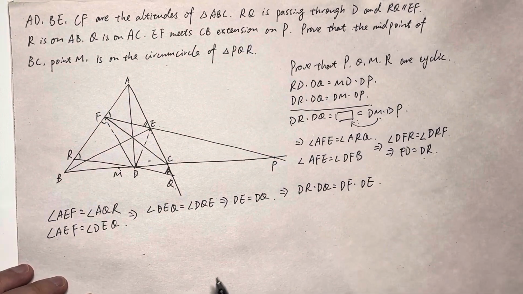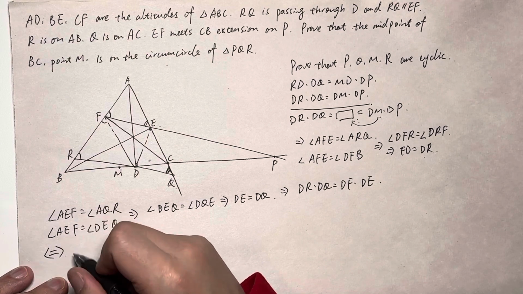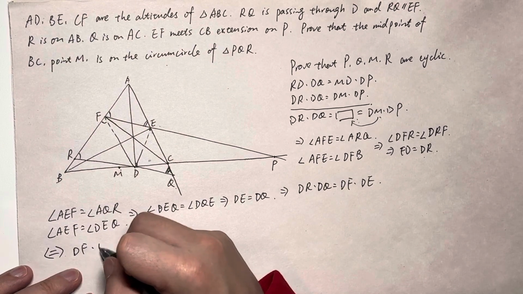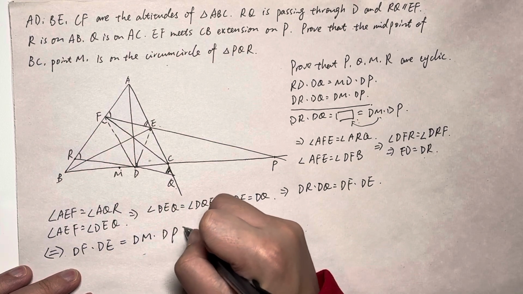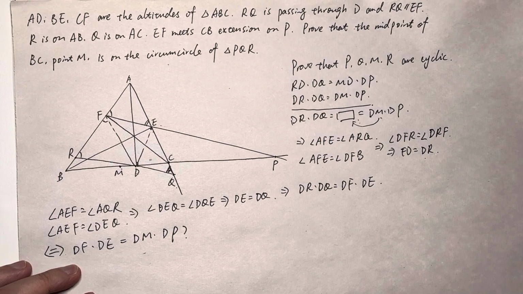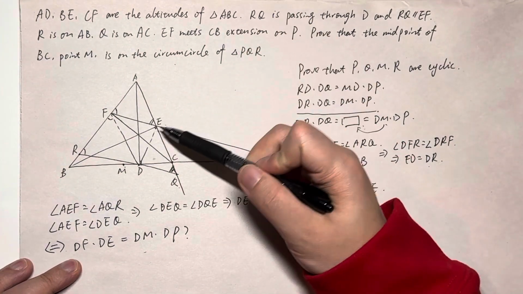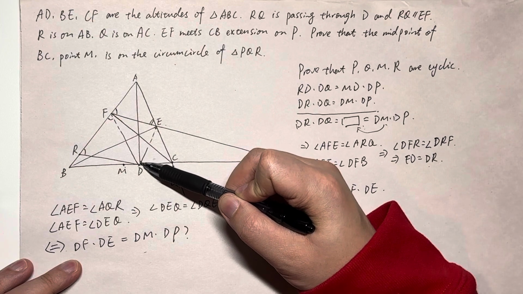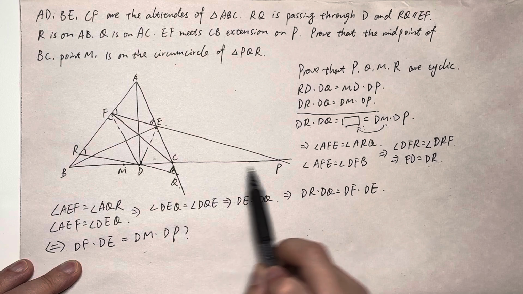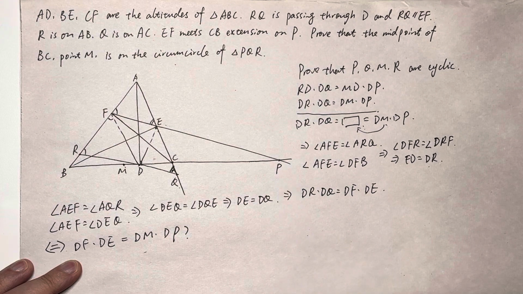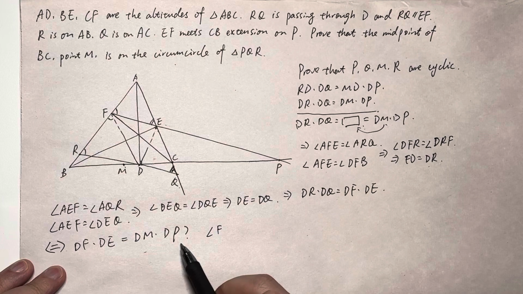Then the problem is, can we prove DF times DE equals DM times DP? Assume this is valid.